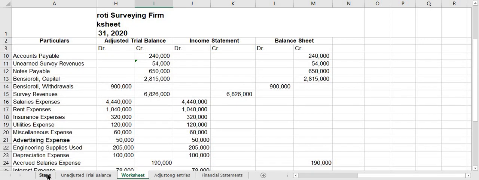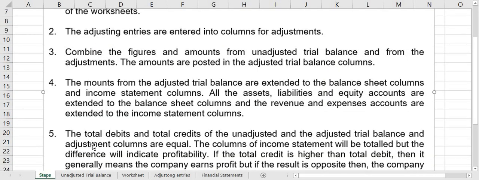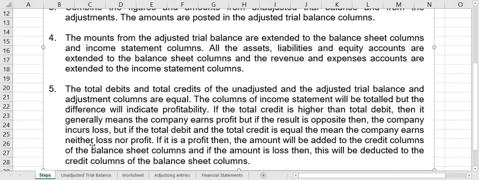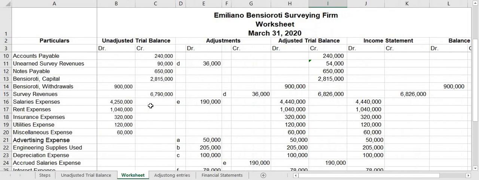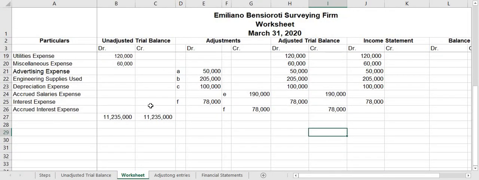To continue, let's proceed to step 5. The total debits and total credits of the unadjusted trial balance and adjustment columns are equal. We apply this: in our unadjusted trial balance, the total debits should equal the total credits.